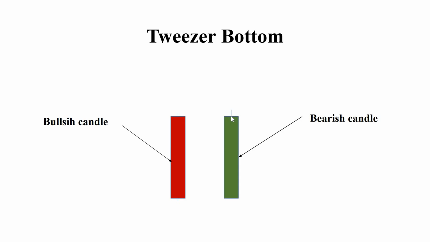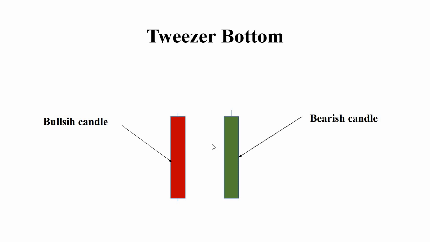You realize that the close of this bullish candle is equal to the open of the previous candle. You realize that the heights are almost the same, meaning that buyers pushed up price with the same momentum sellers were pushing the price down, which tells you that buyers are ready to take control over the market from the sellers, and they are prepared to push price all the way up.